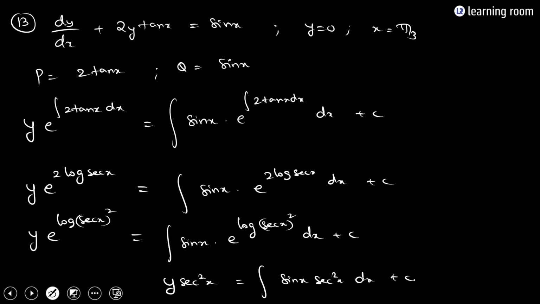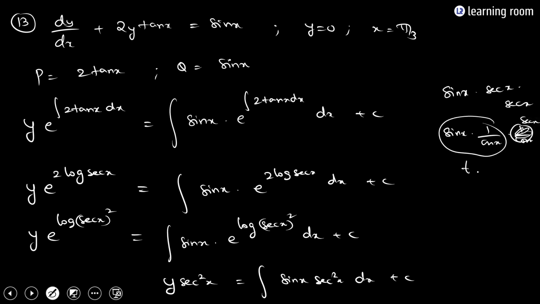So what is sin x into secant square x? Listen. I can write it as sin x into 1 by cos x into 1 by cos x, I'll leave one as secant x itself. So sin x by cos x is tan x. So sin x into secant square x is secant x into tan x.